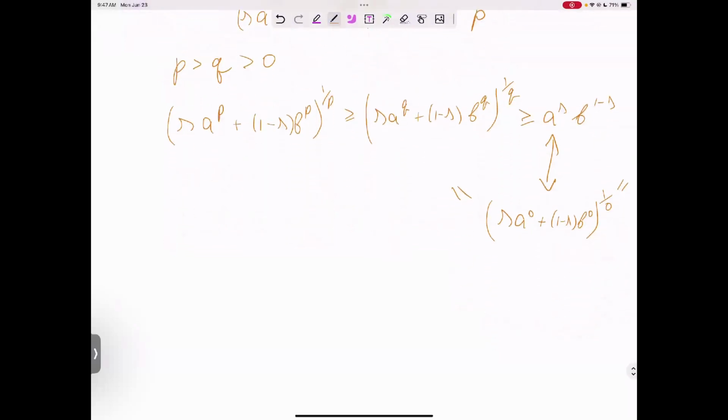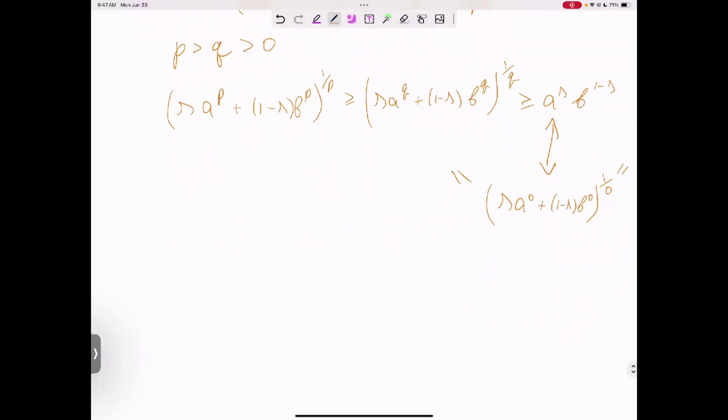So in view of this, therefore, the volume of lambda K plus 1 minus lambda L is bigger than or equal to lambda volume of K to the power 1 over n plus 1 minus lambda volume of L to the power 1 over n, to the power n.